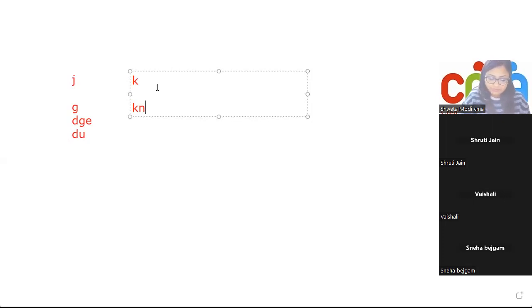So it is silent. K-N is a native English letter team for the sound N. It occurs only at the beginning of the root. At one time, these Ks were pronounced. So all the silent words, initially they used to be pronounced. So it was cannot and now it is not.